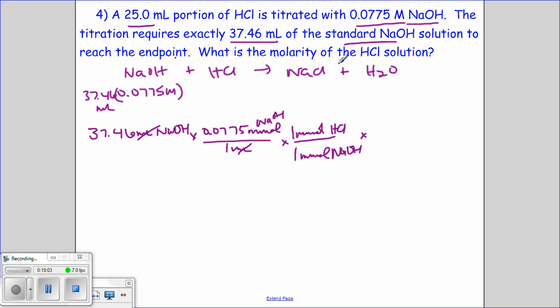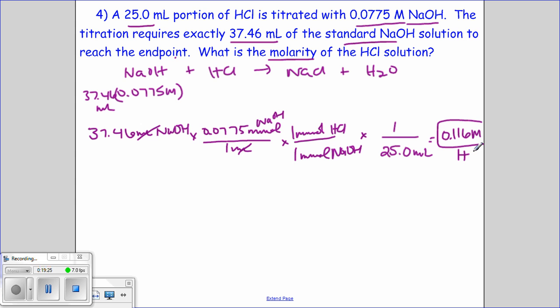The question asks for the molarity of HCl, so yet again we have millimoles on top, so we need to divide by the volume, which is the same thing as multiplying by the inverse. So millimoles per milliliter is going to give us a molarity, which is 0.116 molar.